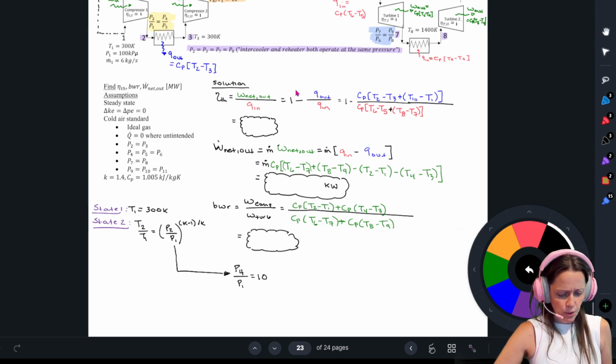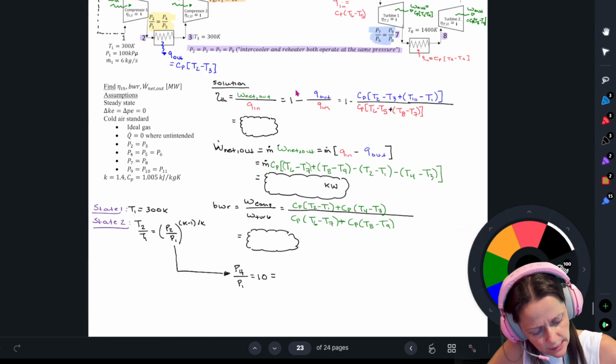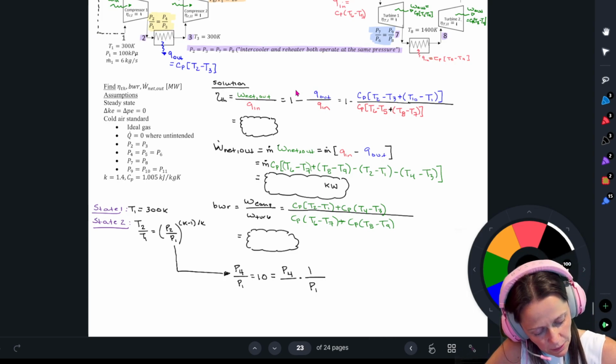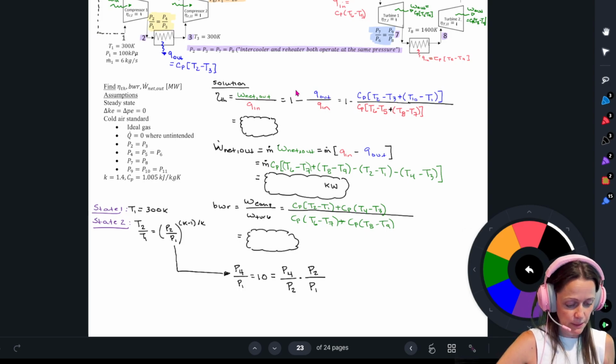Another thing I could do is put the same number in those blank spots on the top and the bottom, and I'm going to pick P2. I haven't changed anything, nothing's happened.